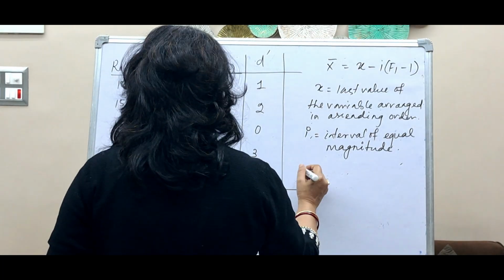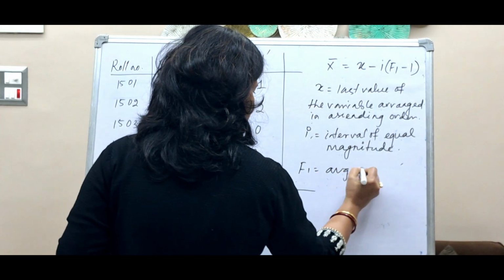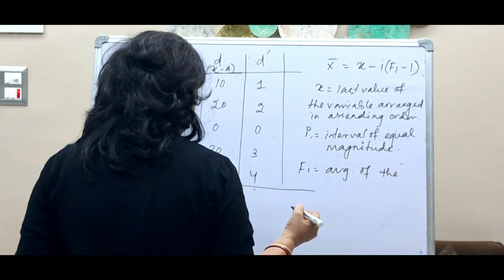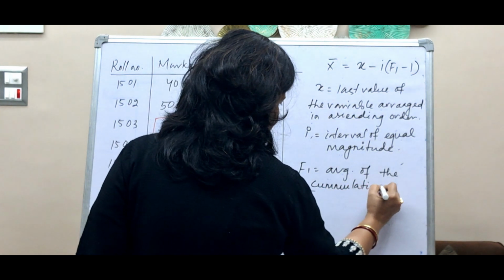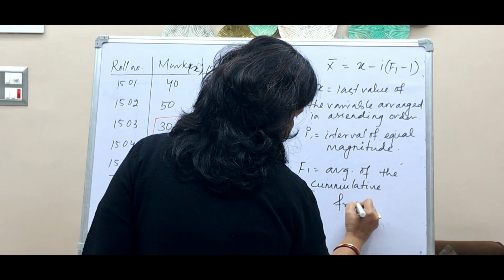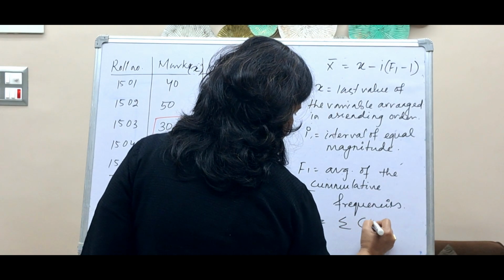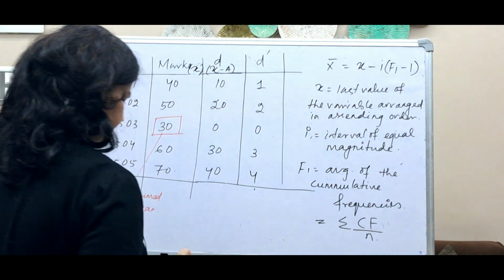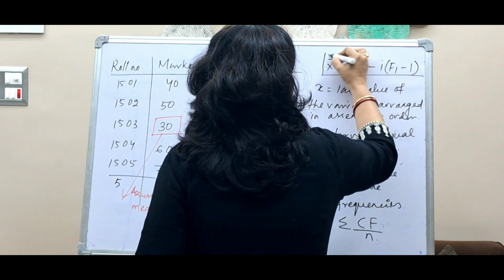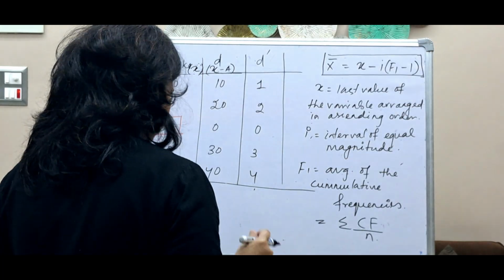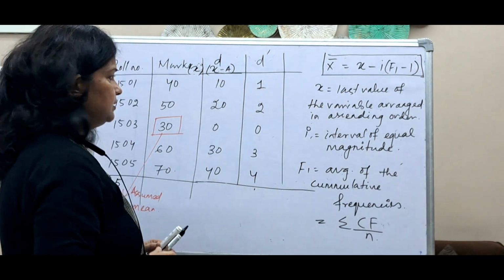Then f1 equal to the average of the cumulative frequencies, which is equal to sigma of CF divided by N. So this is the formula to find the mean by the shortest method.